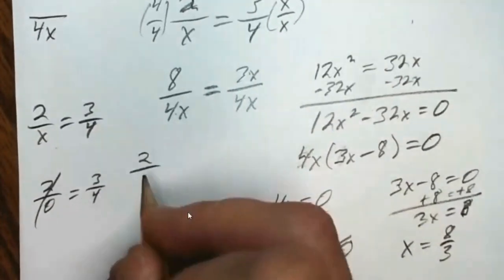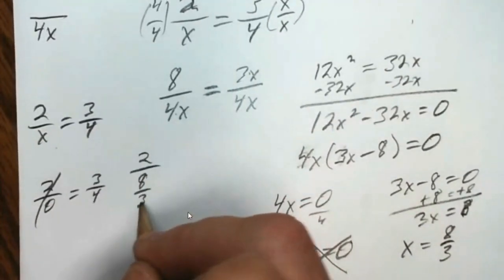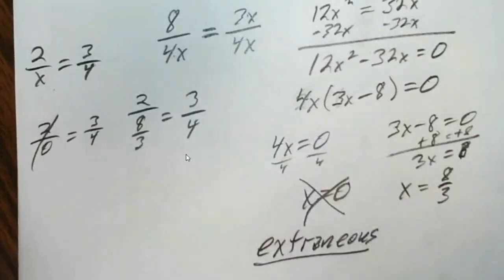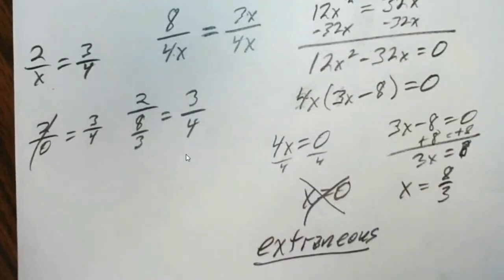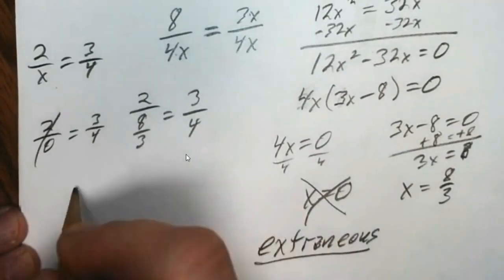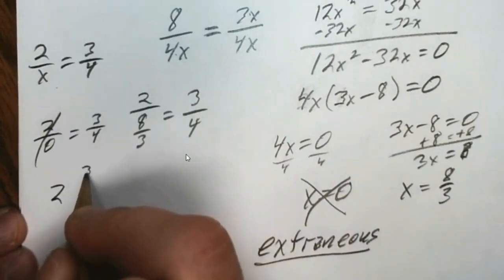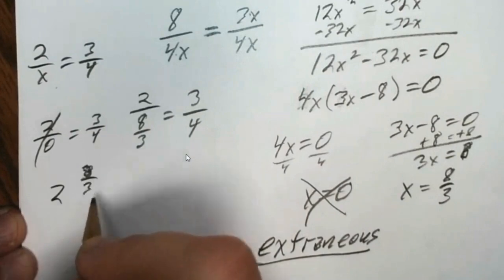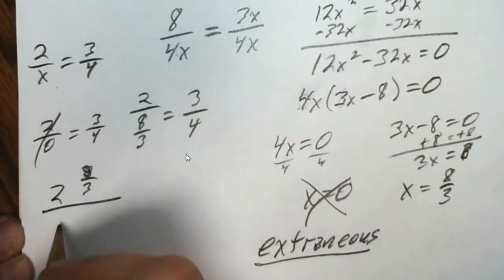How about this one? 2 over 8/3 equals 3/4. Like, wait a minute, a fraction under a fraction? We have to get rid of a fraction under a fraction. So to get rid of 8/3, you have to multiply by 3/8. I'm sorry, it was right.